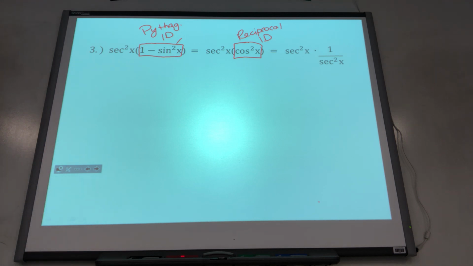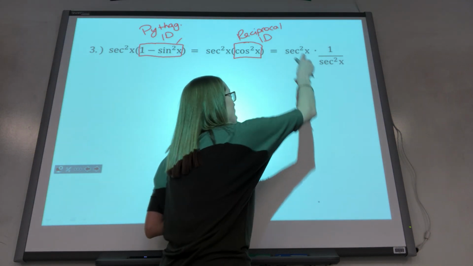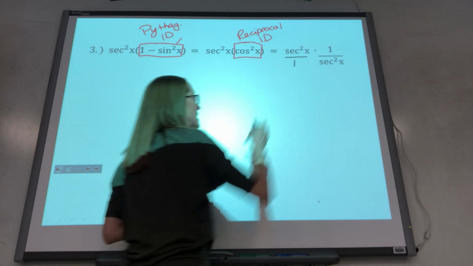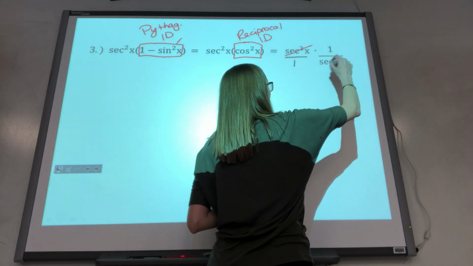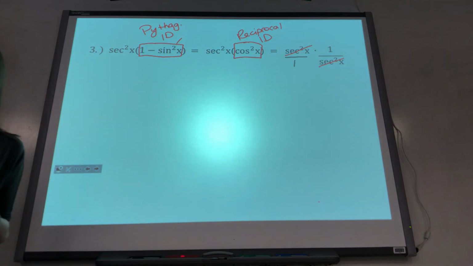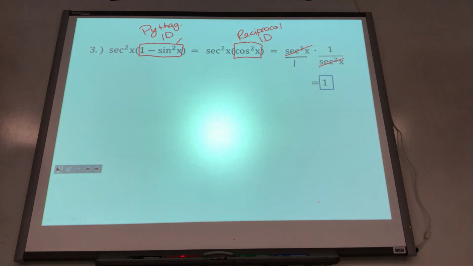Now again, there's a different way you could have done this. I'll show you that in a second. But look at what happens. You can put this over 1 if you want to. And then cosine squared of x, cosine squared of x, those cross out and you actually just get back a 1. So the final answer to number 3 is 1.